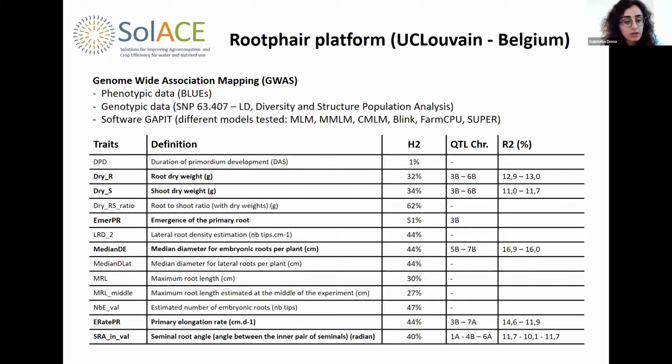As you can see, I underlined 6 of them, which are root dry weight, shoot dry weight, emergence of the primary root, median diameter for embryonic root per plant, primary elongation rate, and seminal root angle, because these 6 variables gave us good results in the GWAS analysis. Indeed, we were able to identify the chromosome QTL regions, and also to identify the percentage of phenotypic variability, which is explained by the R-square parameter.